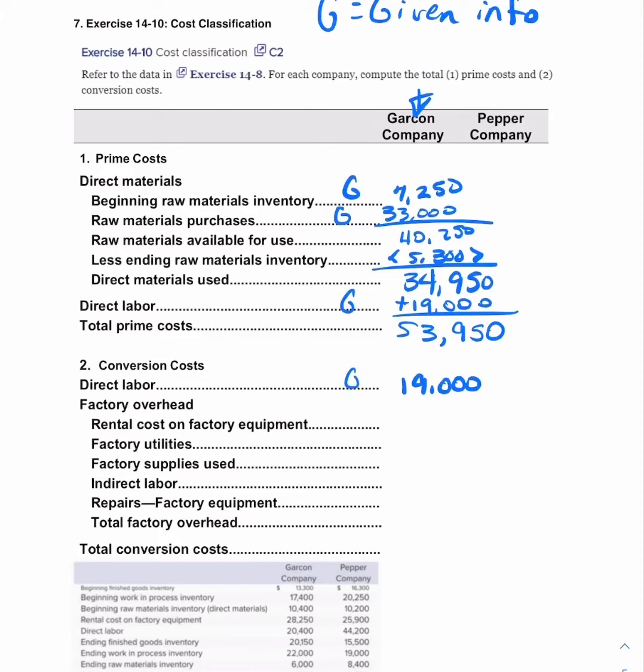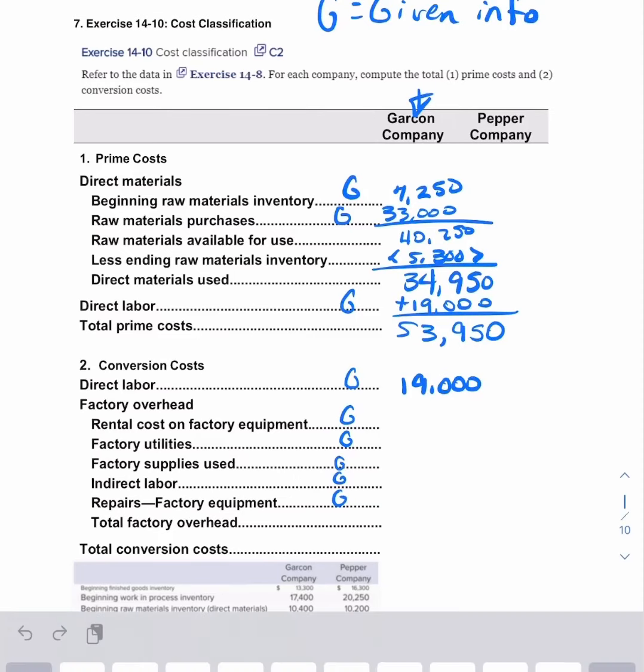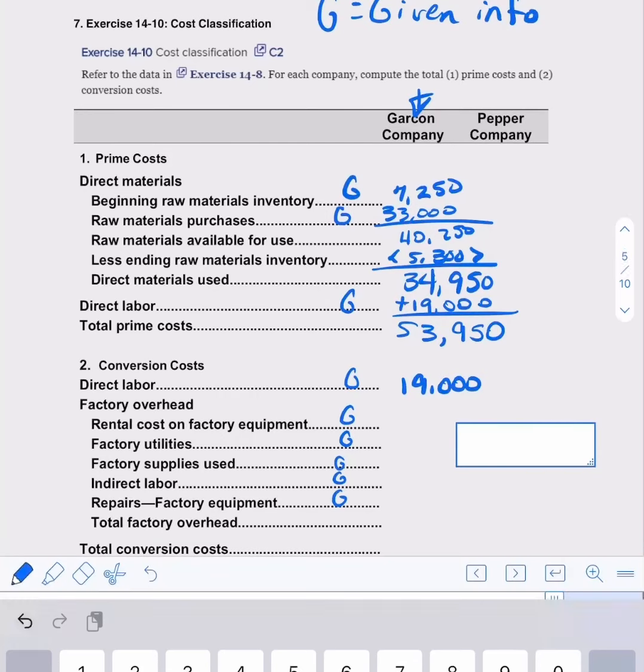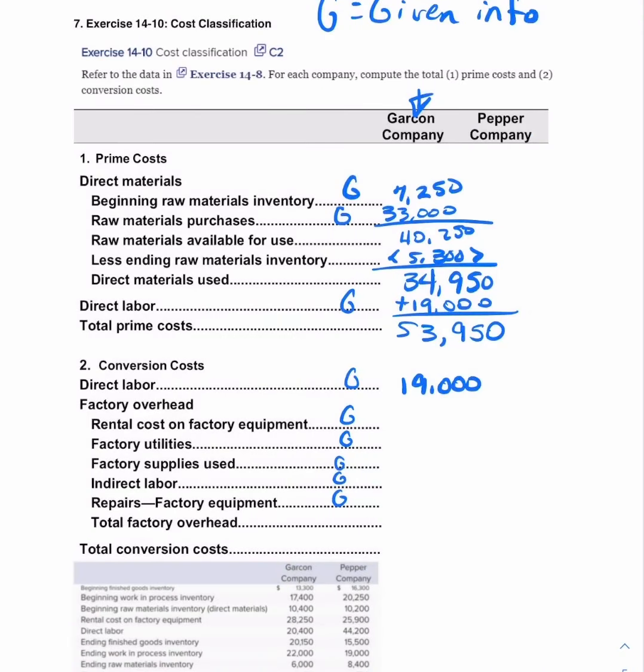And so this is the rental cost on factory equipment, factory utilities, factory supplies used, indirect labor, repairs on factory equipment. All of these items given to us. So here we see this is rental cost on factory equipment, $27,000, $9,000 for factory utilities, $8,200 factory supplies used, indirect labor $1,250, and repairs on factory equipment $4,780.